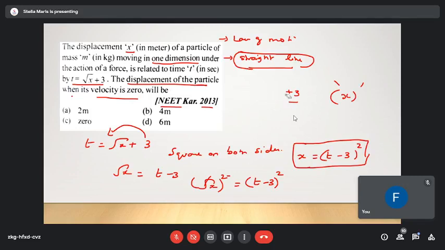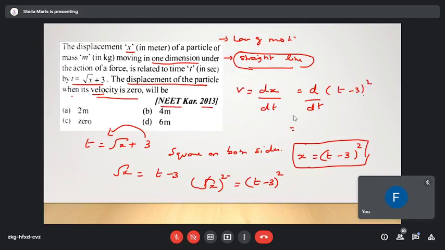For that, you have to find the velocity first. What is the velocity formula? dx by dt. So here d by dt of, substitute this x here, t minus 3 the whole square.